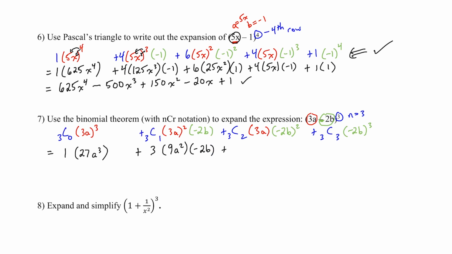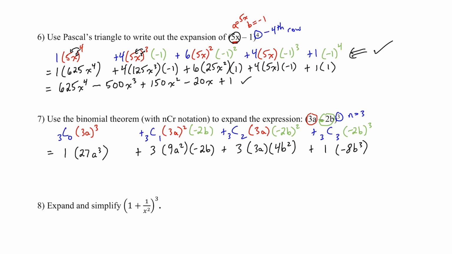Plus 3 choose 2 is 3 times 3a, and negative 2b to the power of 2 is positive 4b squared. And then 3 choose 3 is 1, and negative 2b to the power of 3 is negative 8b cubed.